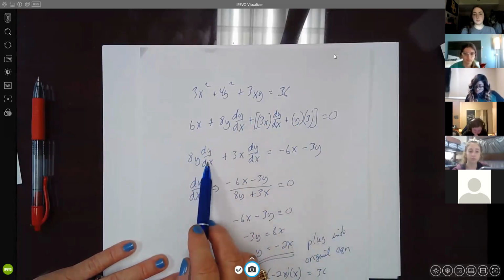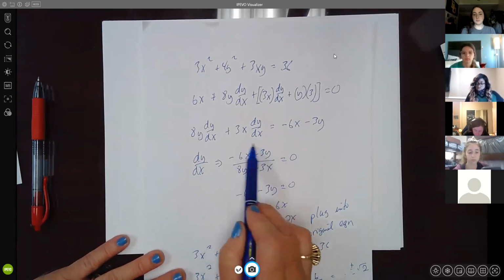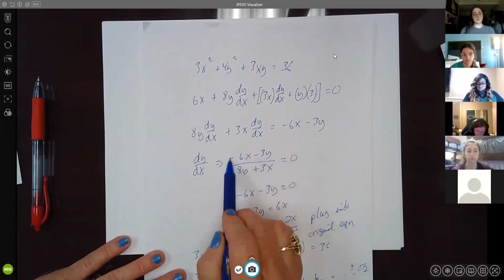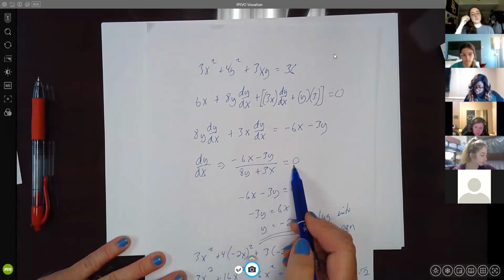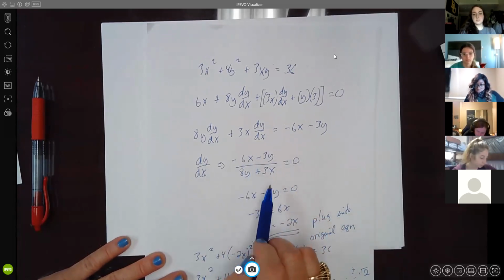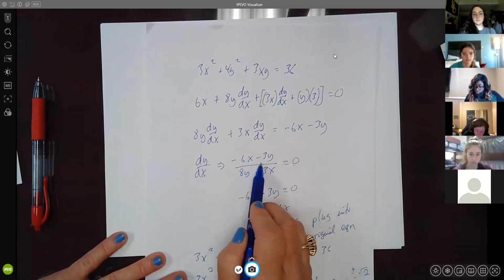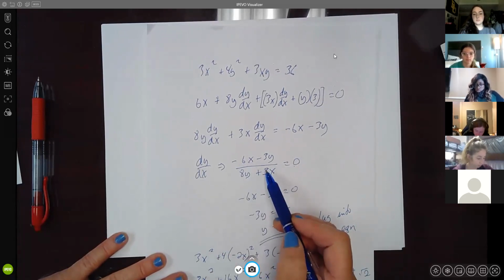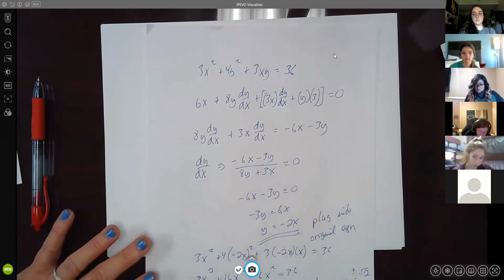Obviously, your goal here is to isolate dy/dx, so you know how to do that. And then you would have this guy as dy/dx. Well, where the tangent line is horizontal, this gives you the formula for the tangent slope anywhere. We want it to be horizontal. That means the slope has to be 0. Set this equal to 0. Here's the trick to this problem: for any fraction to be 0, it means the top has to be 0. 0 over any non-zero is itself 0, right?